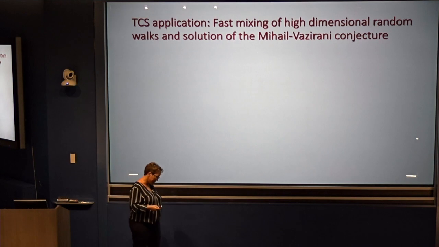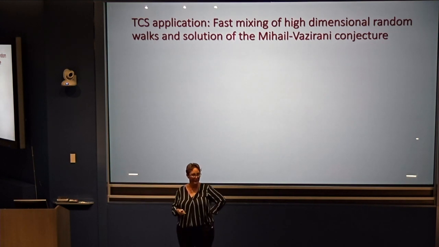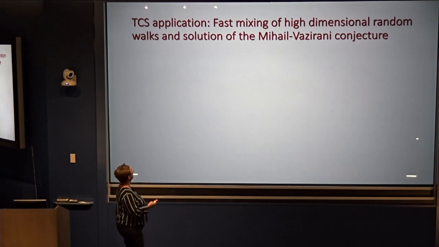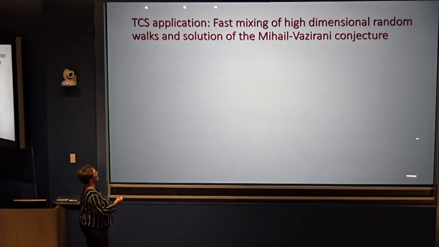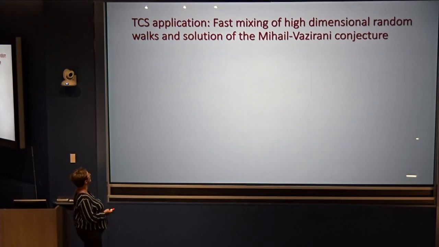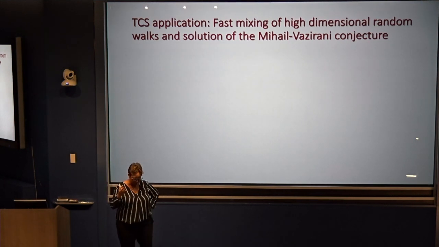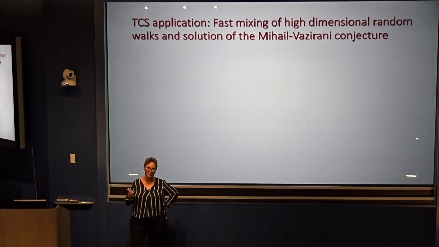Okay, it's very beautiful. It's also useful for some specific concrete computer science application. The application would be solving a 30-year-old conjecture. Okay, so here we're talking about fast mixing of some specific random walk that people have been conjecturing mixes rapidly.